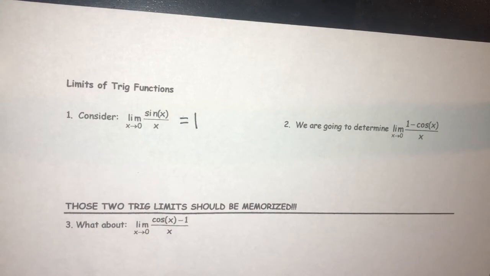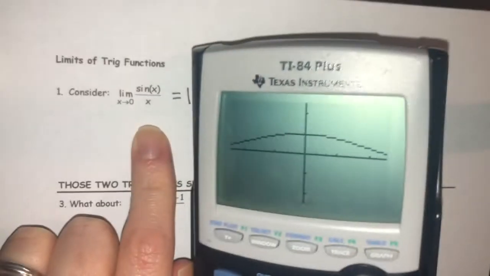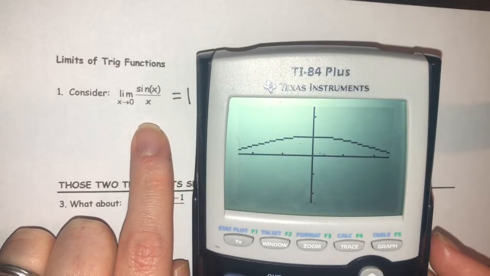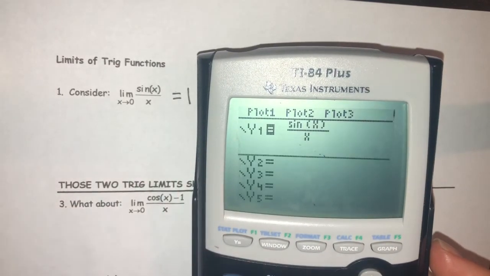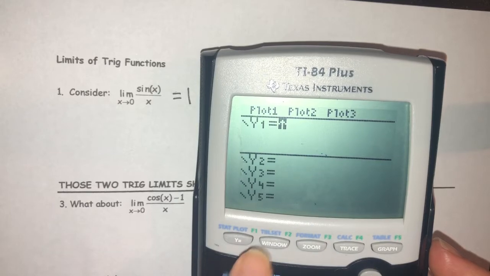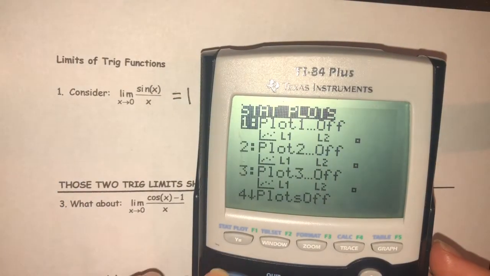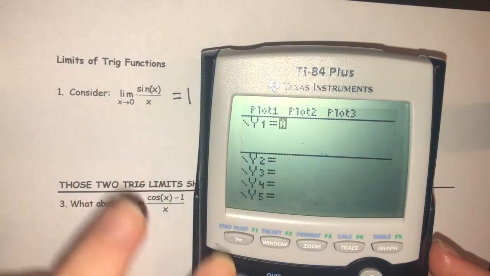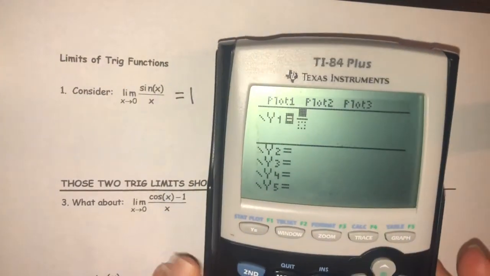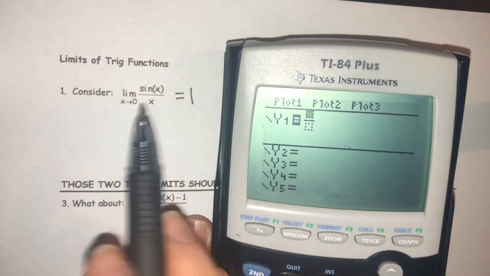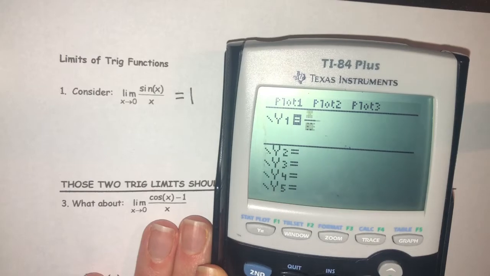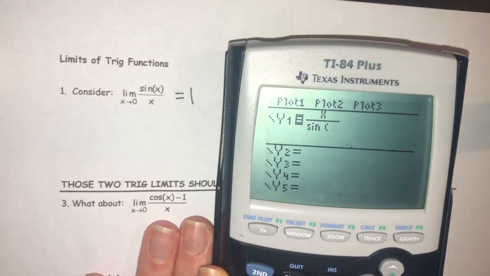Now, I want you to also consider a relative of this limit. Let's go into y equals and clear this one out. Alpha y equals, number 1, to get my fraction back. What if I put the x on top and the sine of x on the bottom?